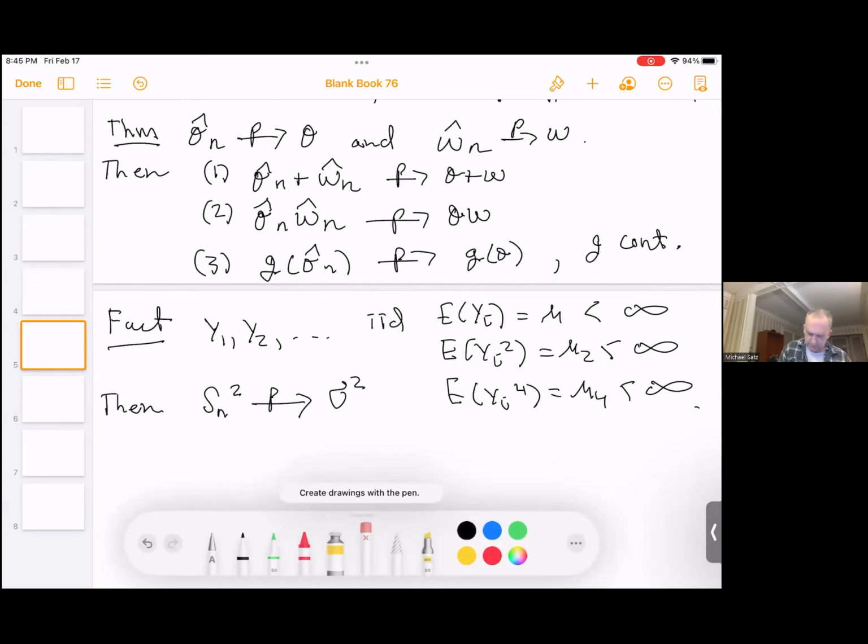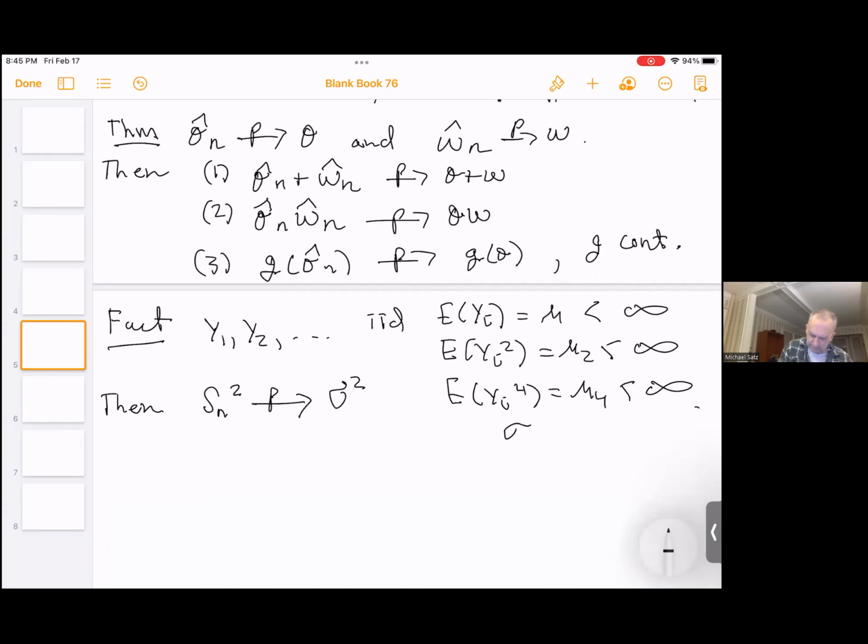We'll write sigma squared equals mu2 minus mu squared. So in other words, all I need is to know these first four moments, or these three moments, are finite, and then I know the sample variance will converge in probability to the actual variance.